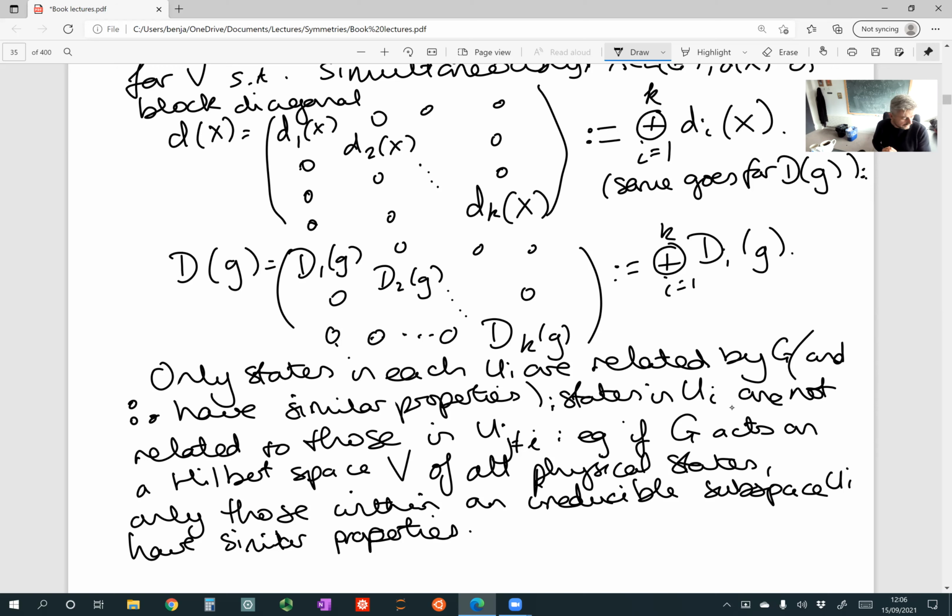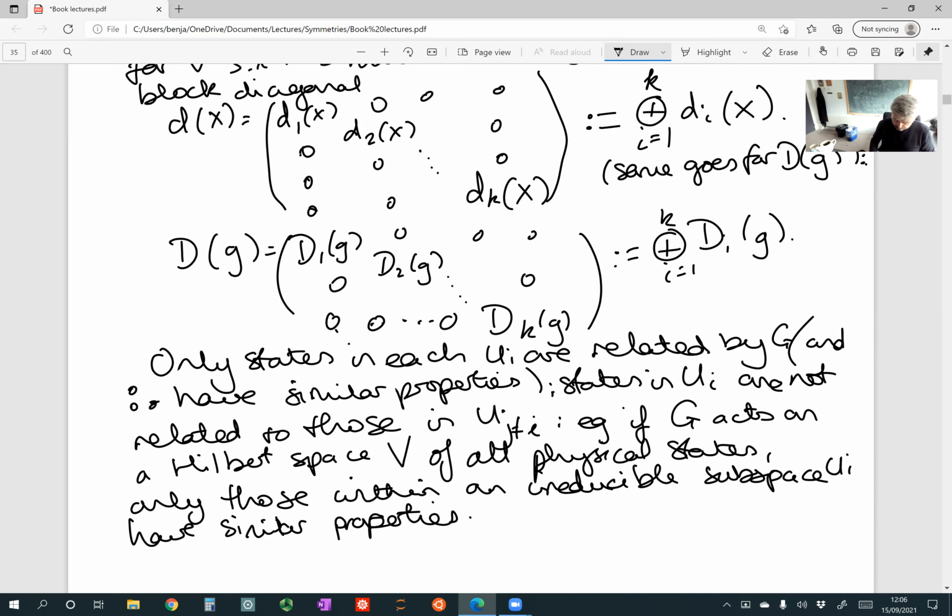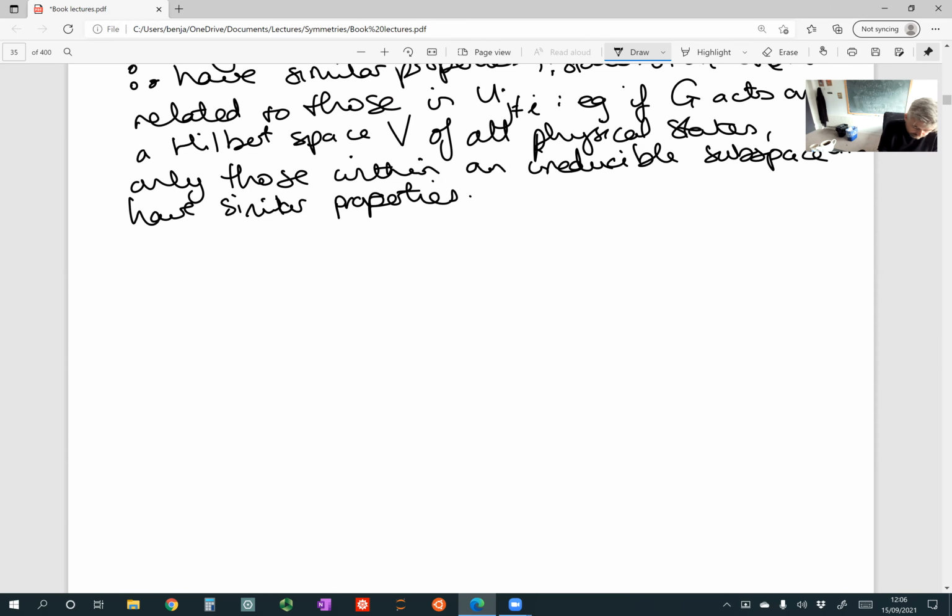Okay, good. So now let's turn to symmetries in quantum mechanics for general groups. So let's consider a quantum mechanical system with different energy levels.